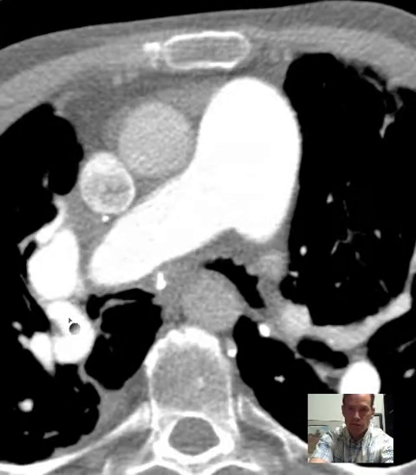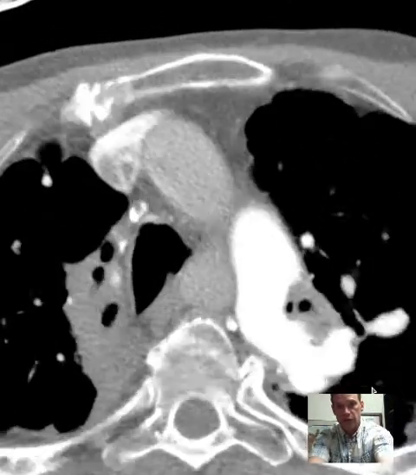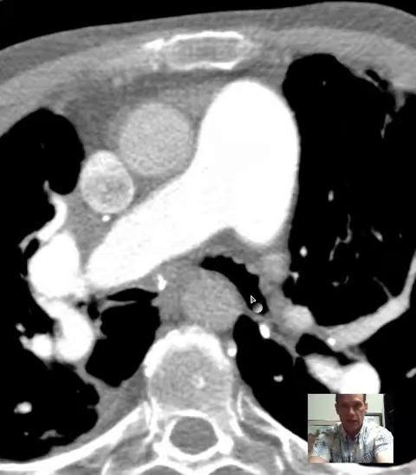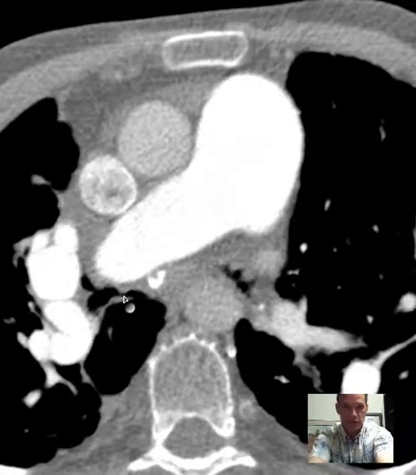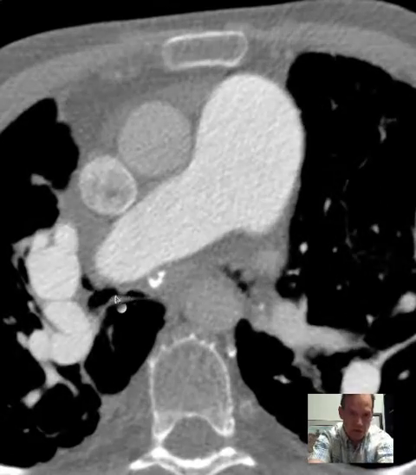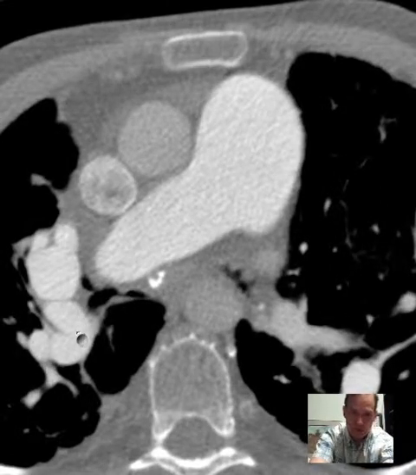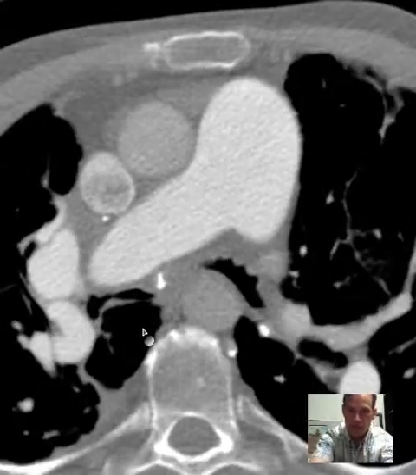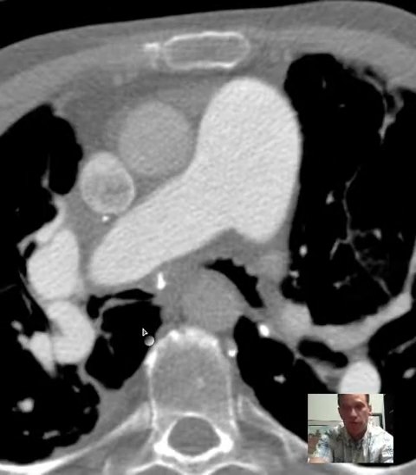So what do you suppose these vessels out here are? Well, if you connect them, you'll see that they connect to the main pulmonary artery, and look how tortuous they look. See these right here, this one's all curled. That's something you see usually in systemic arteries when there's hypertension.